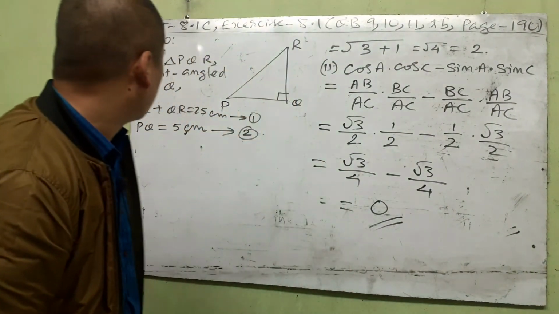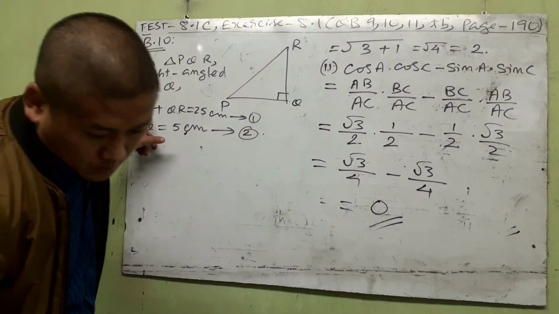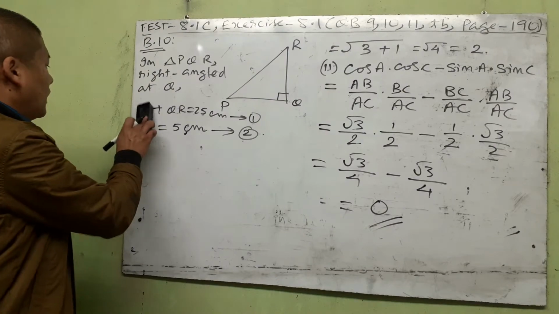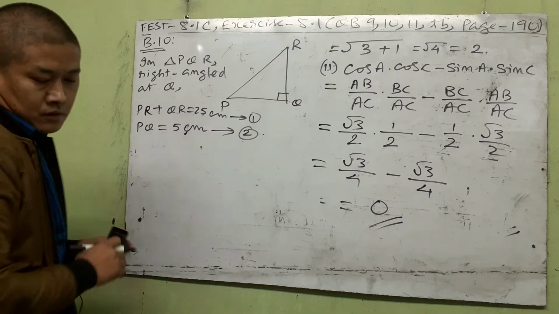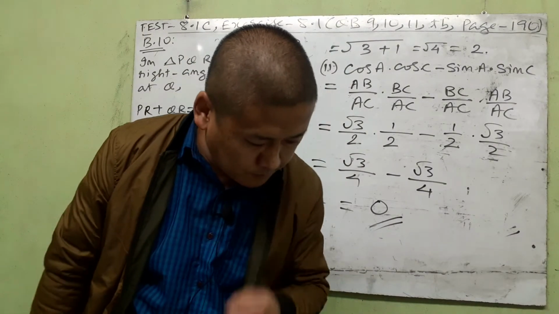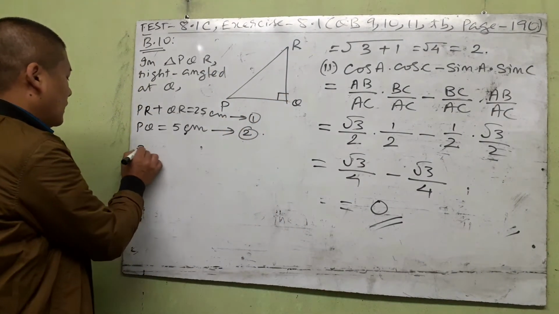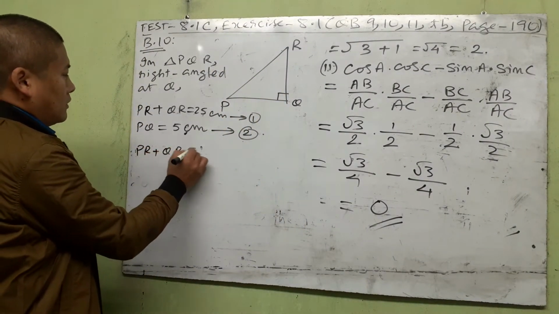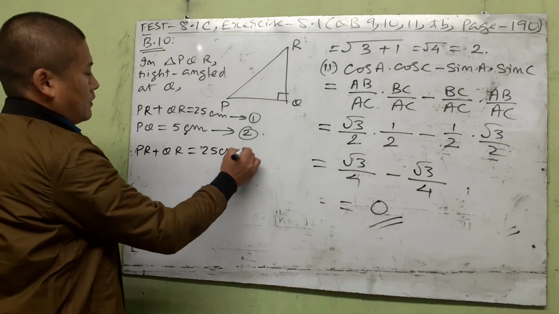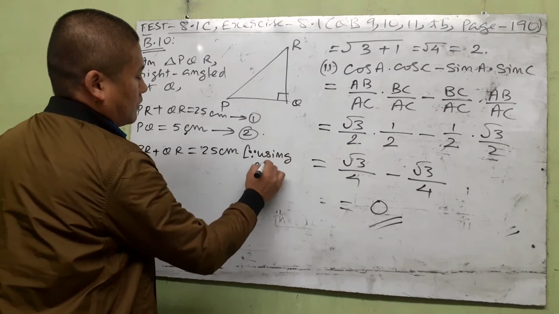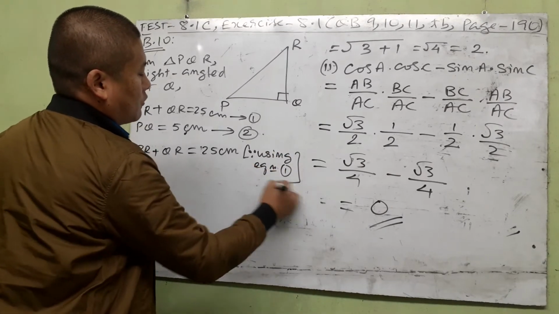Okay, so once we're through with that, let us write here PR plus PQ. Go back once. PR plus QR, sorry. PR plus QR, yes. So let us write that one. PR plus QR is equal to 25 centimeter, using equation number 1, let us say.